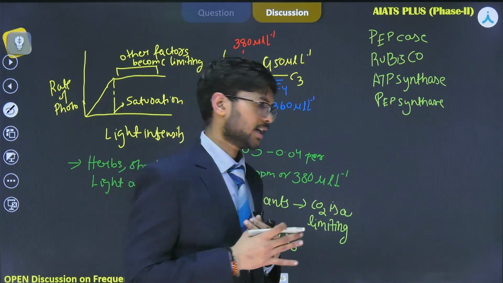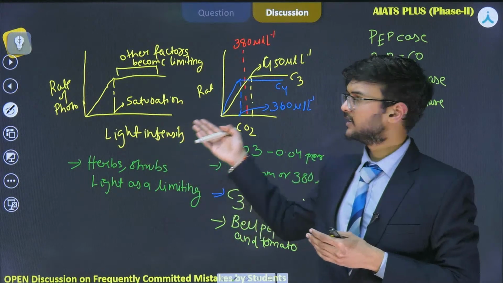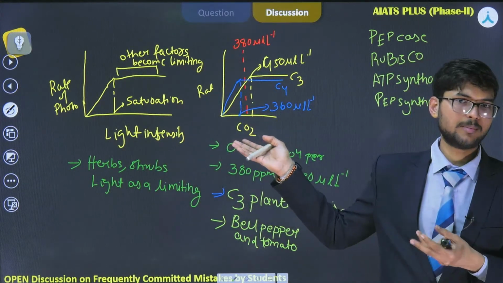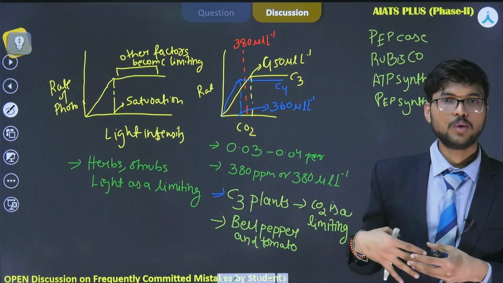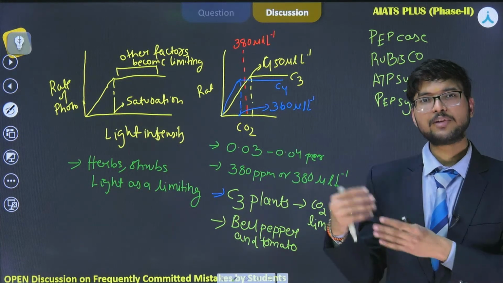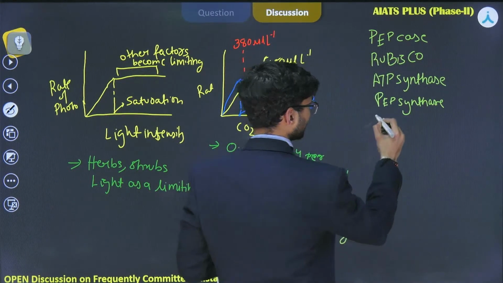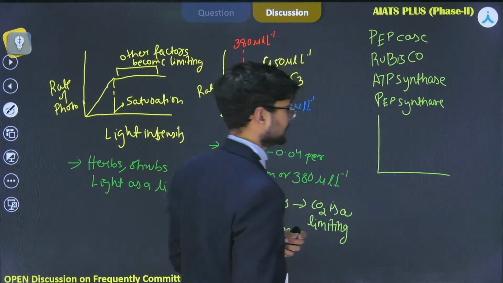So whenever a condition arises where the light intensity and carbon dioxide are very abundant, but the temperature is very low, then the process of photosynthesis will have no effect, and the rate will not increase, because temperature is required for the optimum activity of the enzymes.